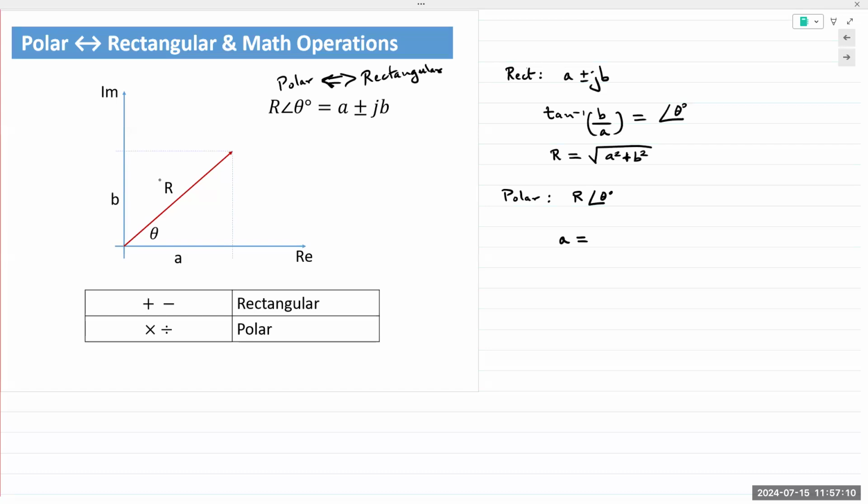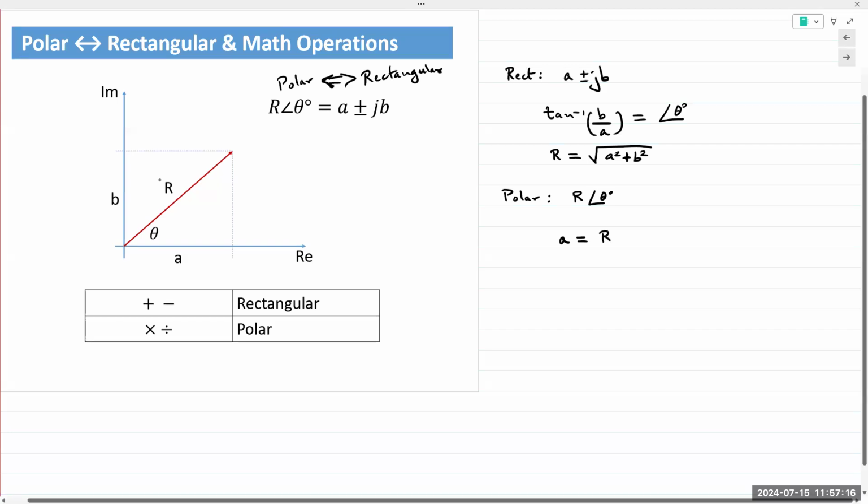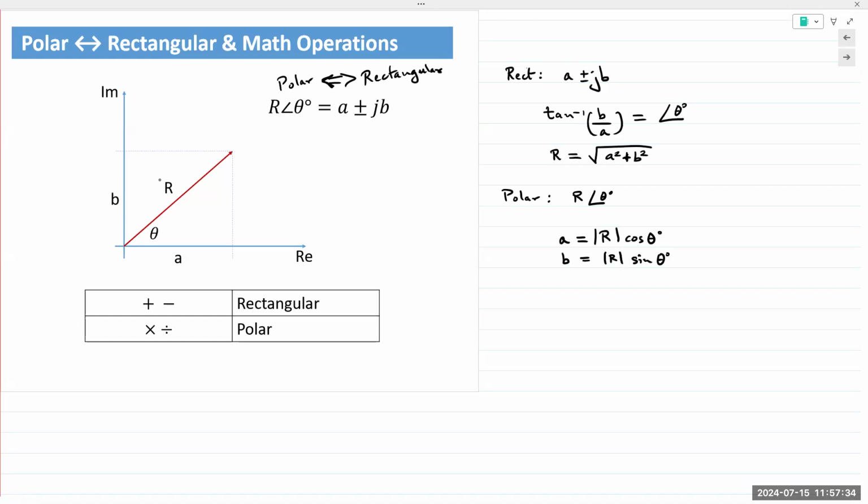No, adjacent would be cosine. Right? Adjacent would be cosine. So A would be r times cosine theta, the magnitude of r, and B would be the magnitude of r times sine theta. And that's how you would perform the polar to rectangular conversion.